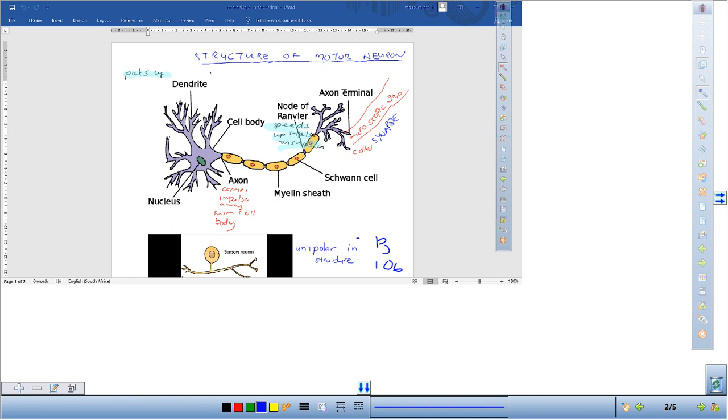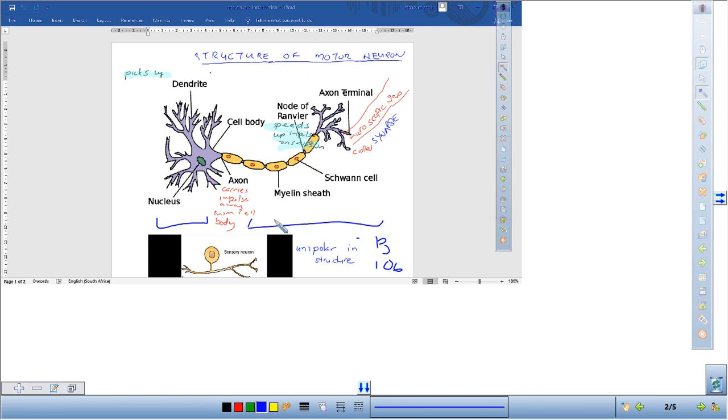The fatty layer is like an insulation tape that's protecting the entire axon. This is called the terminal branches. Terminal, how will you remember? The best way to remember is terminal, meaning end. So at the end of a neuron, you will have terminal branches. Okay. Then we know about the nucleus, and we know that this is the cell body, which we did yesterday, and this long part is our axon.